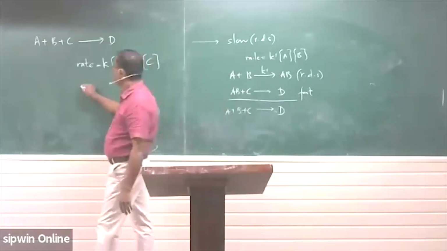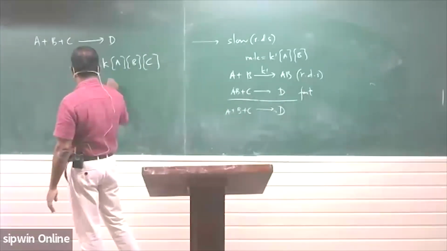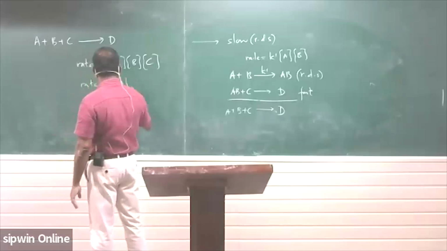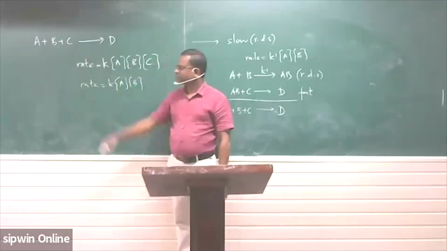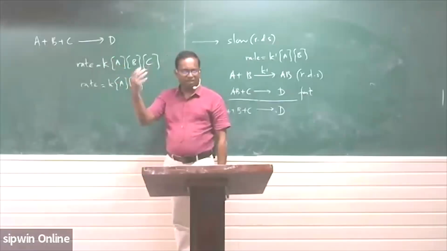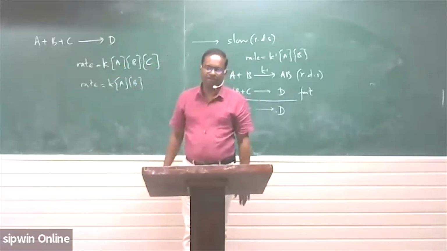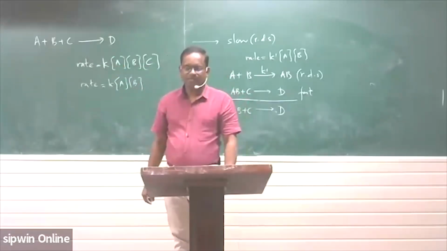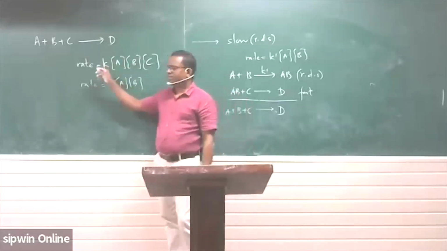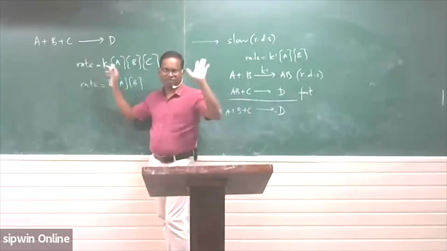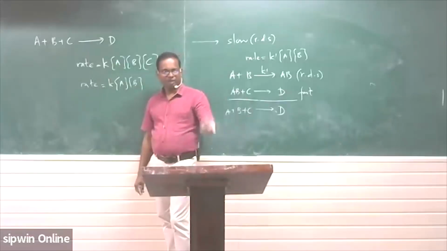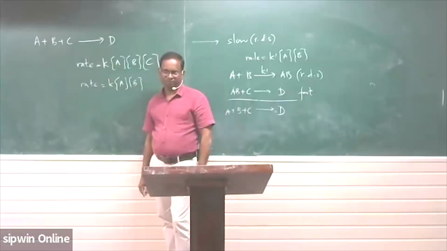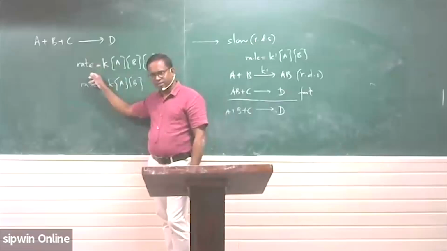Now I give the same thing: rate equals K A B. Now you can say this is definitely a multi-step reaction, first point. Earlier I said this can be an elementary reaction; if not, it is a multi-step reaction.